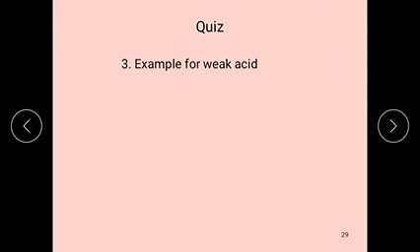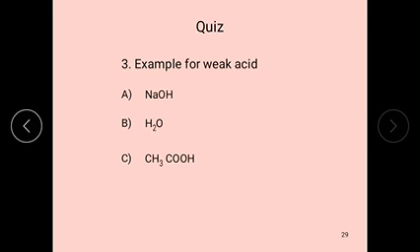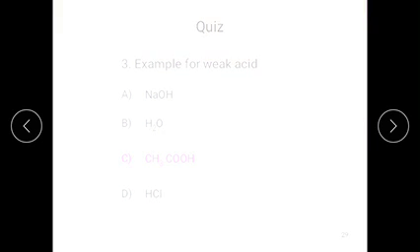And next one is example of weak acid: sodium hydroxide, water molecule, CH3COOH acetic acid, HCl. Among these, the right answer is acetic acid because it has less capability of giving H plus ions in aqueous solution.